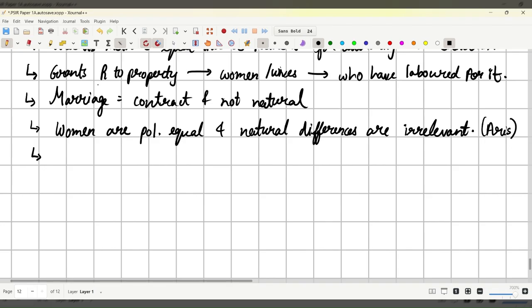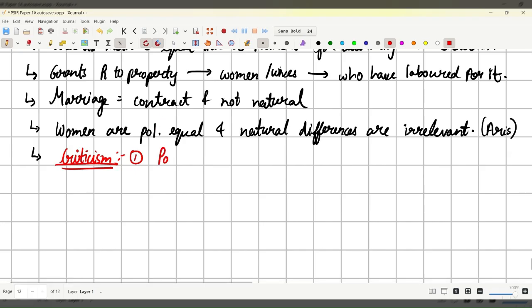Then one or two criticisms here. The first criticism is that the power of decision making in the family was still with men.